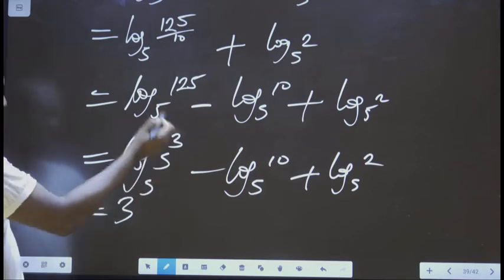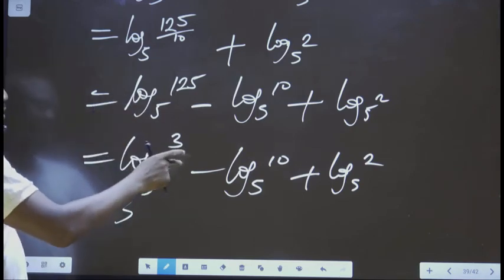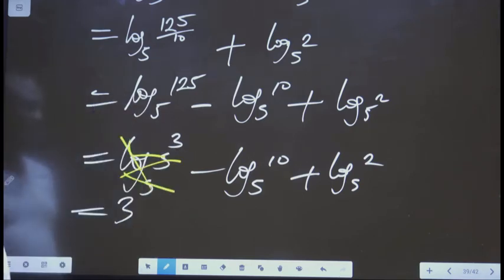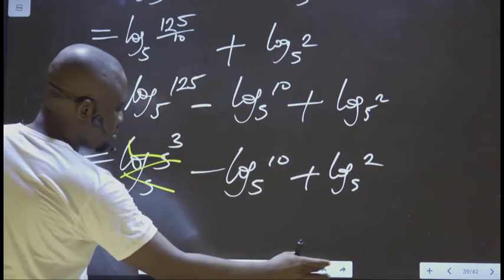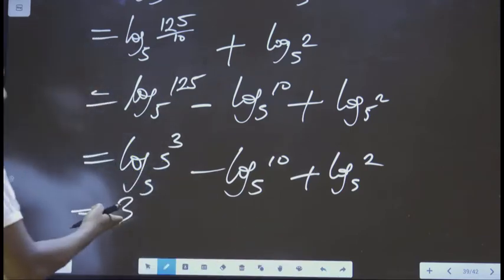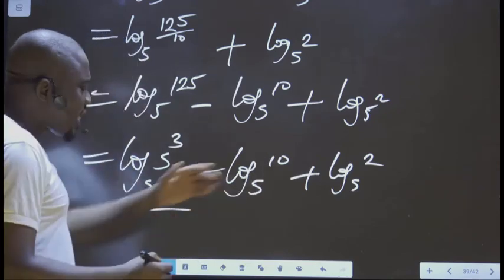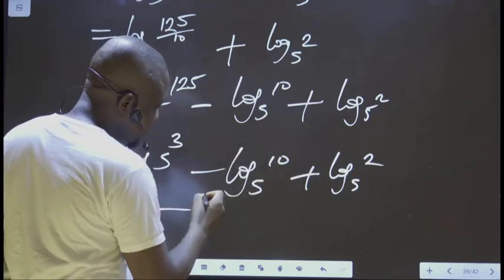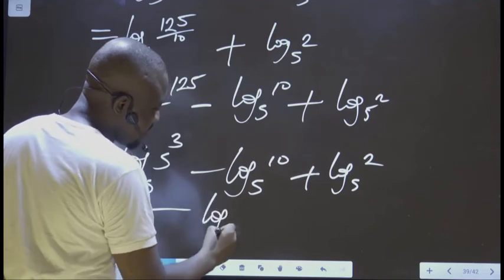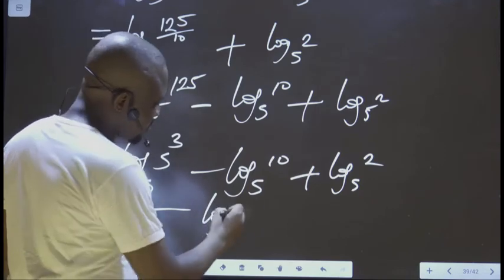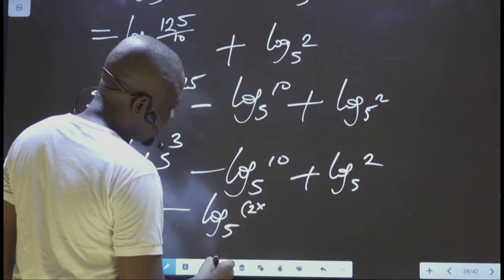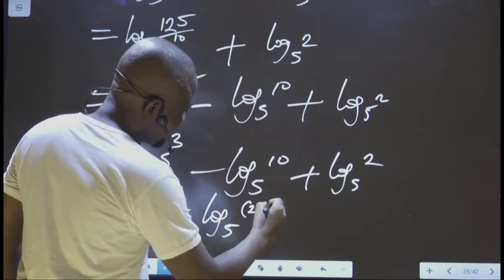You agree with me? When 3 comes down, this guy will be gone. So what we have now is 3 minus this. What is the meaning of this? This simply means 5 raised to the power 2 multiplied by 5.